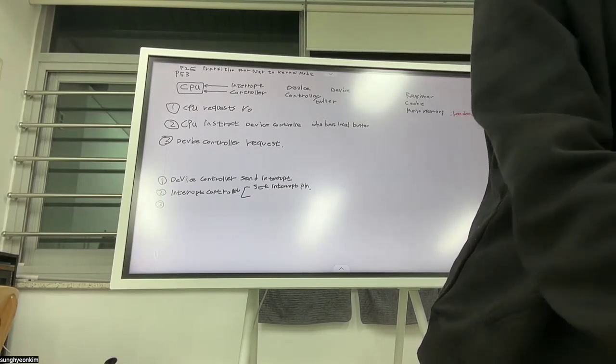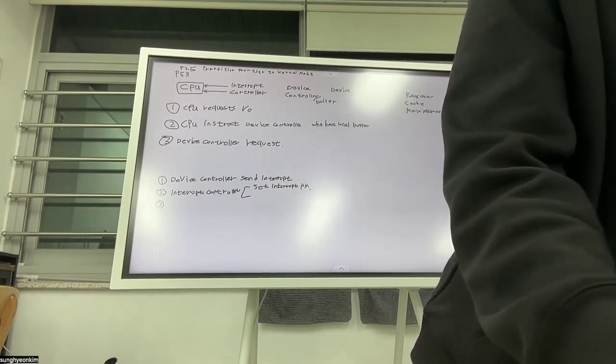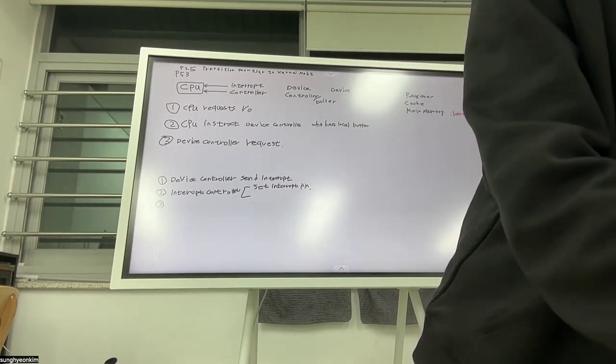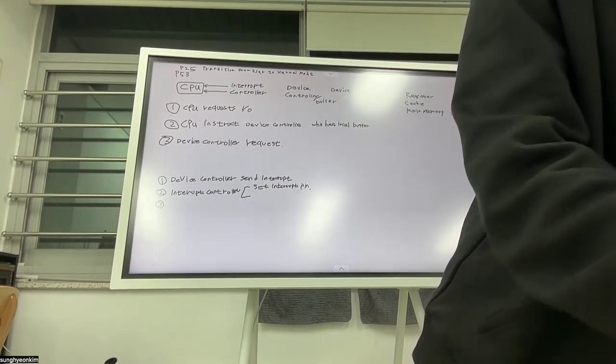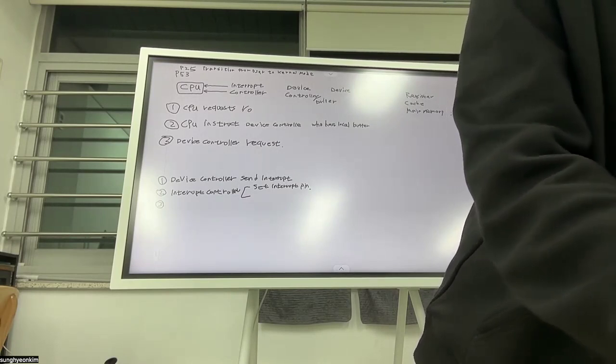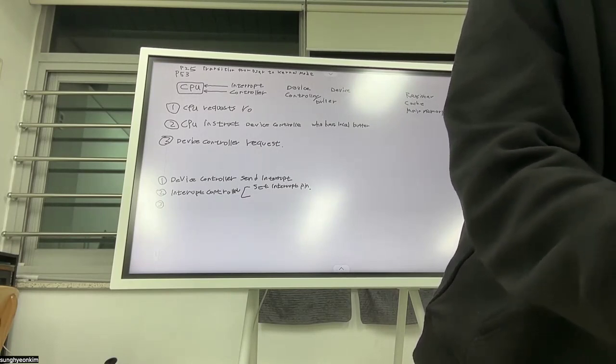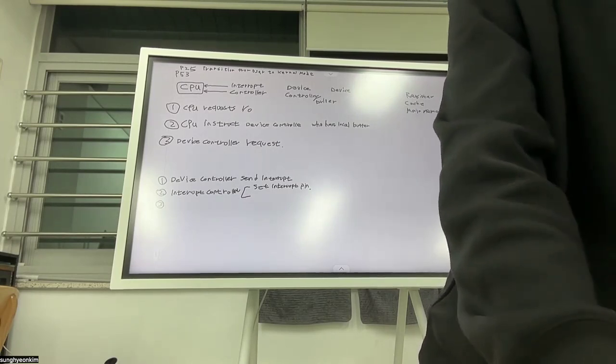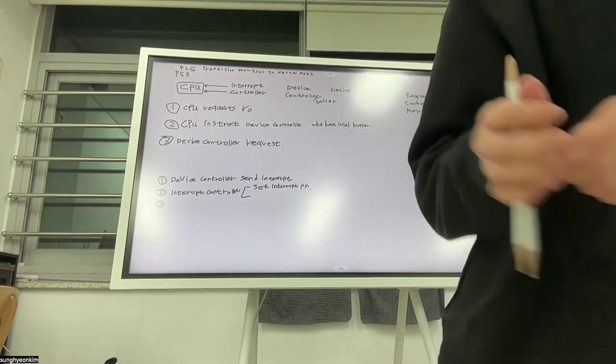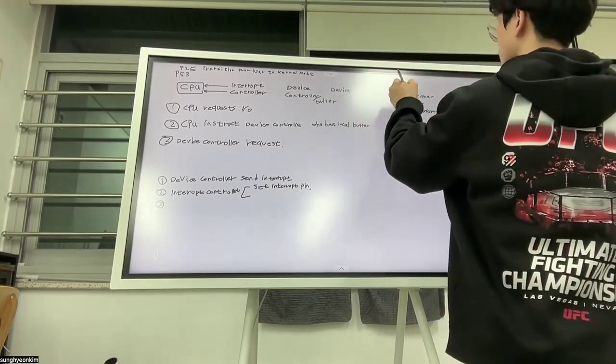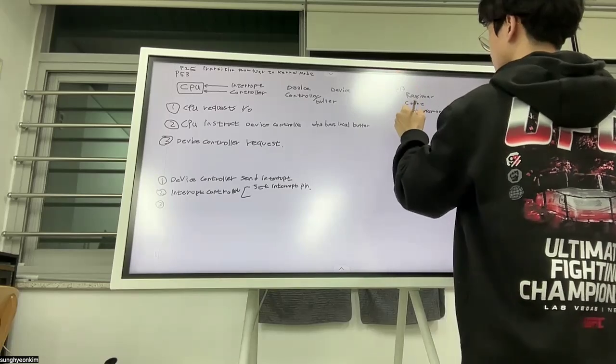And in page 13, by the way, this is the 10th edition of Operating System Concepts. If you go to page 13, then you can see non-volatile memory.